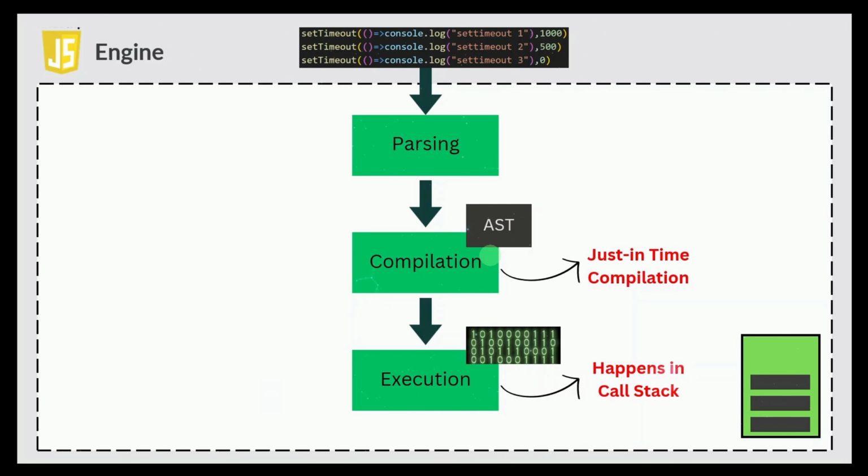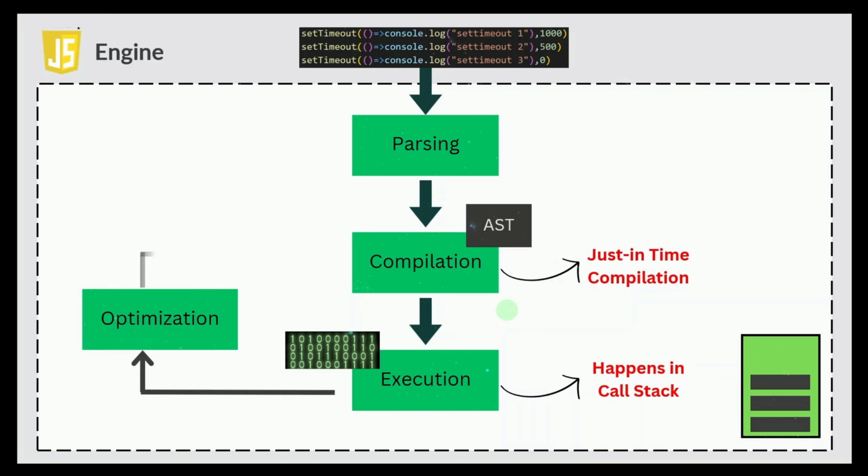Why? Because modern JavaScript engines are very clever. So they will be using clever optimization strategies. So at the start, what they will do is create an unoptimized version of machine code which will start to execute as fast as possible. So in the background, code will be optimized during the already running program execution.